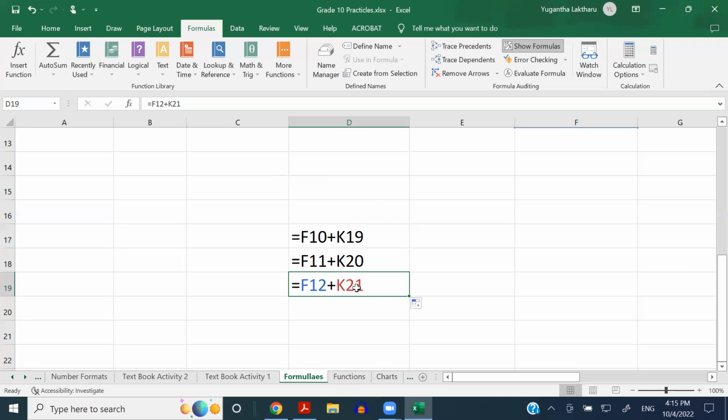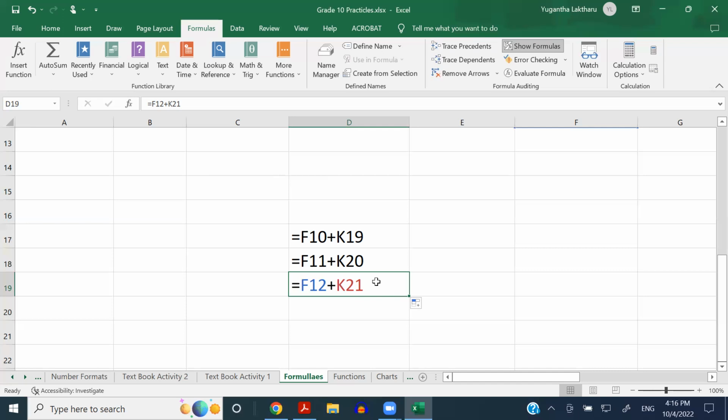So when we copy a formula downwards in a single column, the column header does not change, but the row header is increasing. How is it increasing? It increases 1 by 1. Right? So if it moves 1 cell, it increases by 1. If it moves 2 cells, it increases by 2. Right?